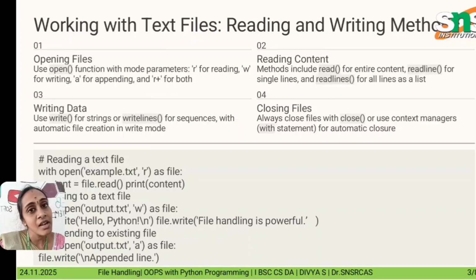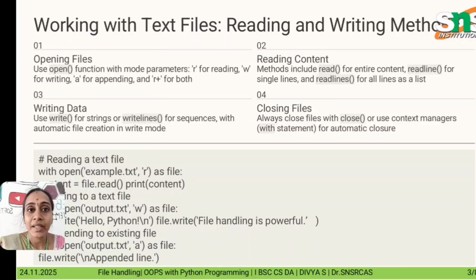Writing the data: we use the write() method for a string or writelines() for a sequence of strings, with automatic file creation in write mode. Closing the file: we always close the file with the close() method, or use the context manager with statement for automatic closure here.